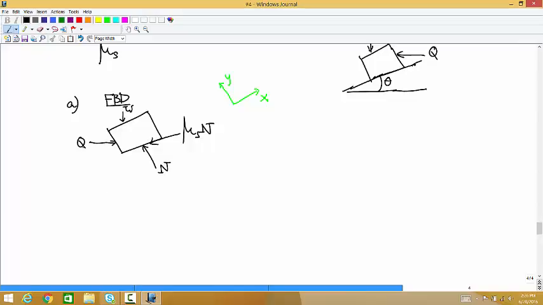There's a couple of ways to do this. You can use trigonometry, use triangles to express W and Q in this rotated coordinate system, or you can use a rotation matrix. It's fine with me however you want to do it. I'm going to use a rotation matrix. So express W and Q in the rotated coordinate system.